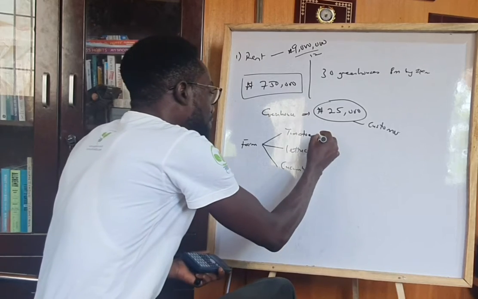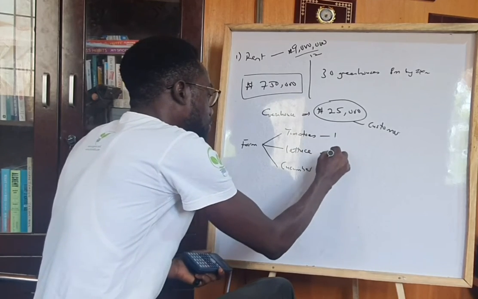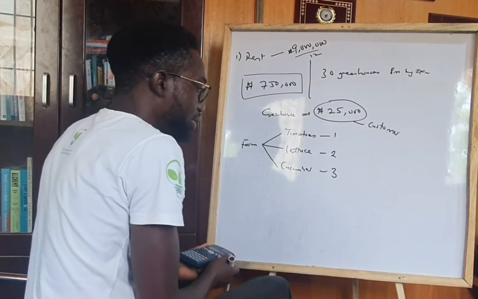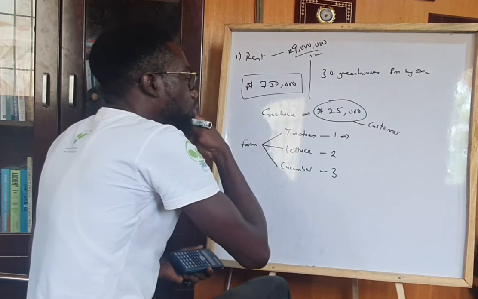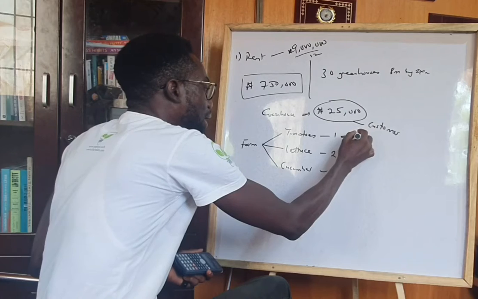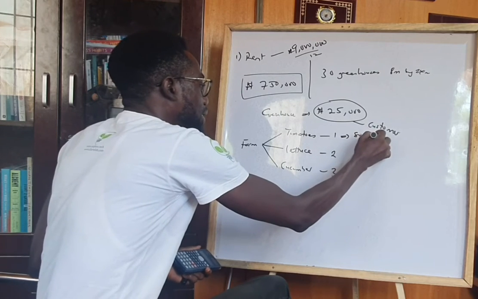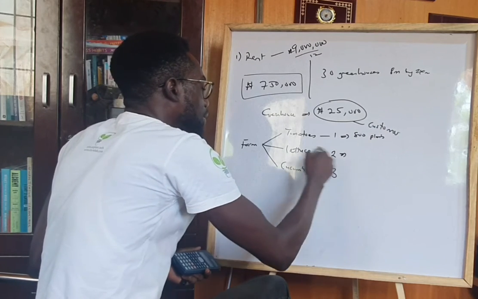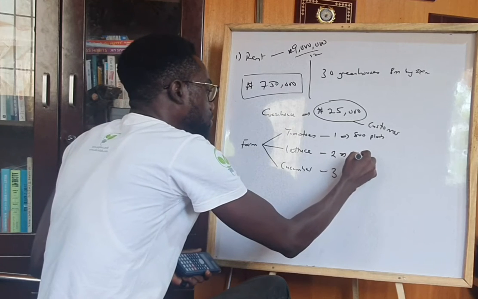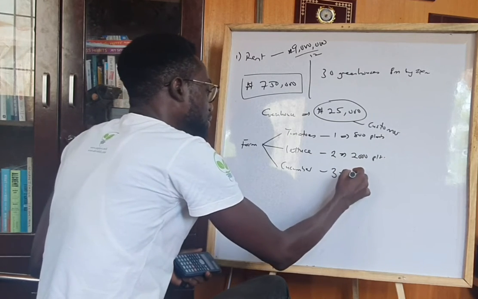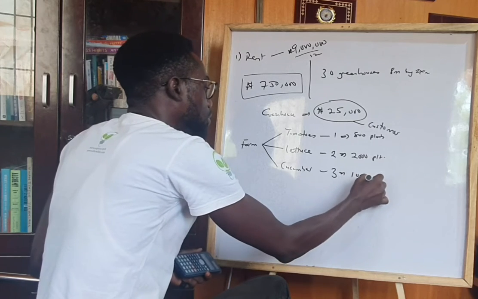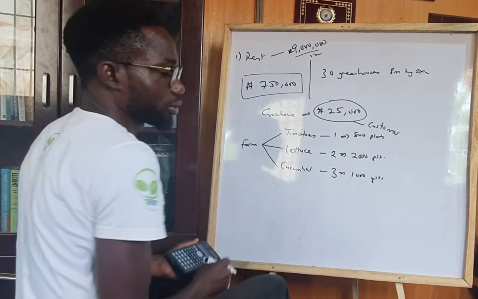Now, let's say I have 3 greenhouses, greenhouse 1, 2, and 3. Let's say my greenhouse 1, which contains tomatoes, has 800 plants. My greenhouse 2 has 2000 plants. Greenhouse 3, let's say, has 1000 plants.